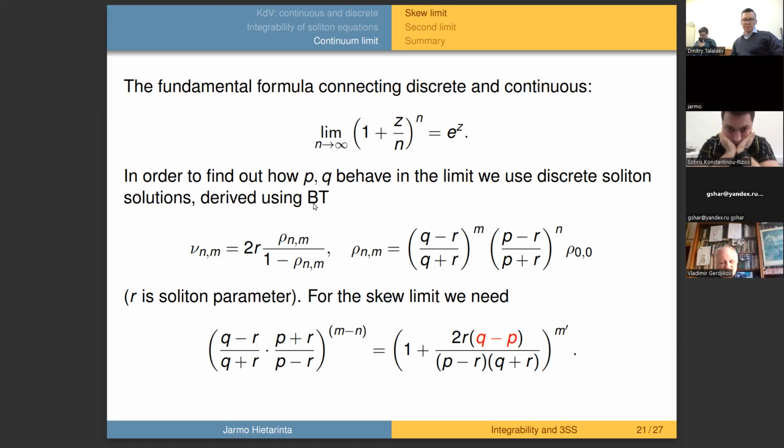And in this particular KdV case, we get this as a solution. Here is the R. R is the soliton parameter, and these Q and P are the lattice parameters. And in the skew limit, this one, m minus n, will go to something, while the sum doesn't.